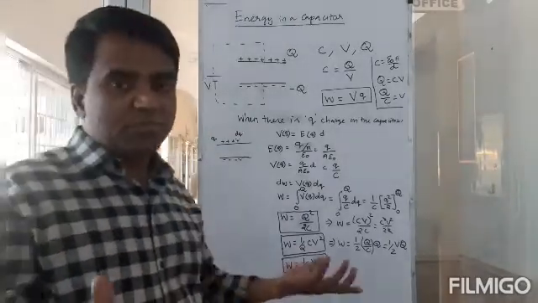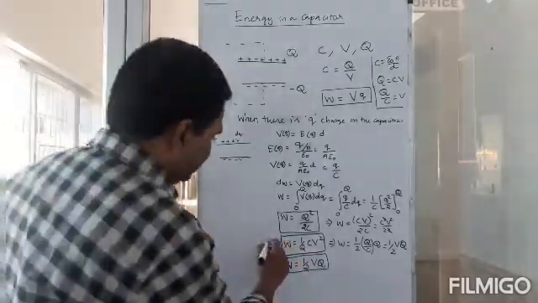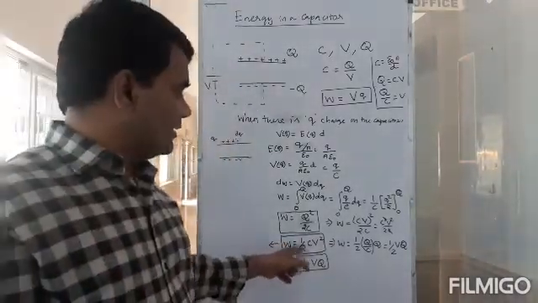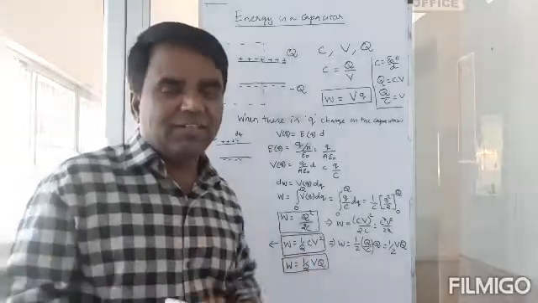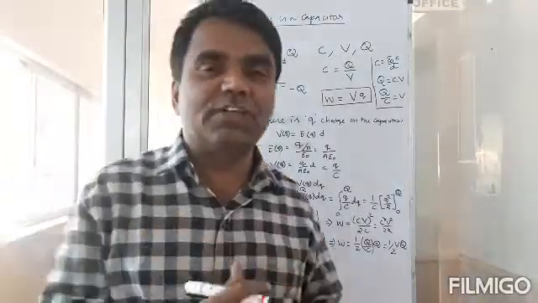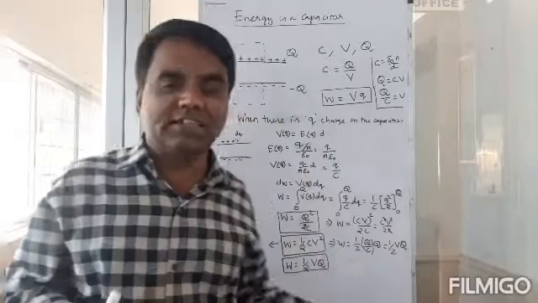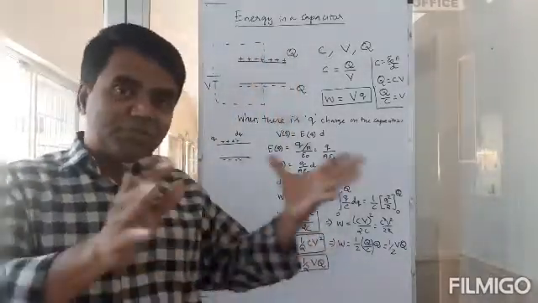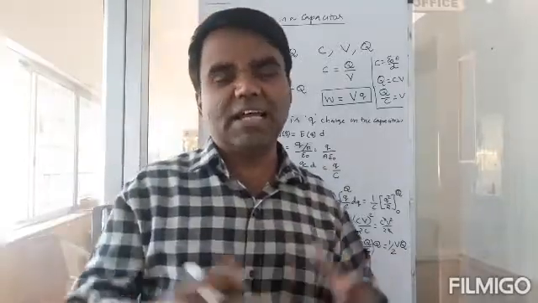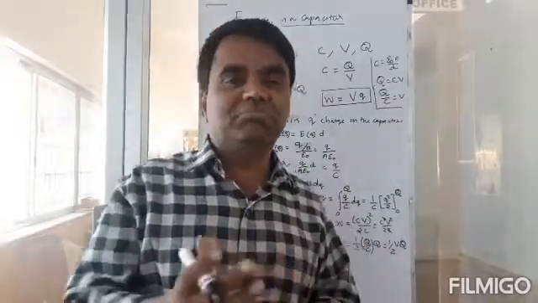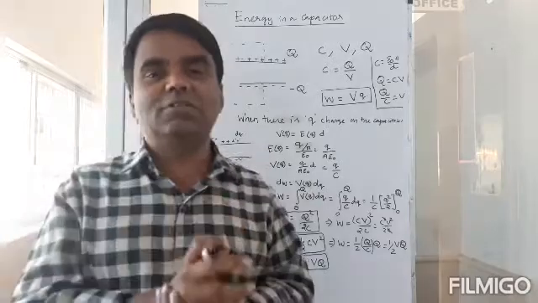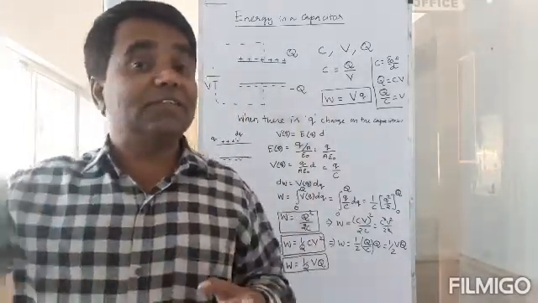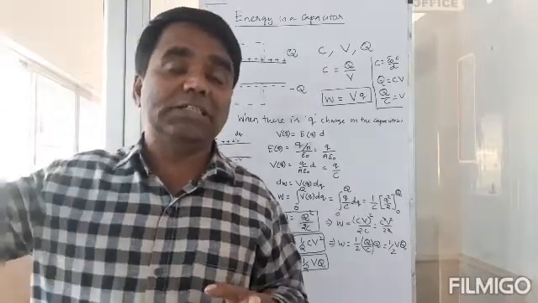Okay. The most important would be the second one. The reason being, work done is equal to half CV squared. It sounds like half mv squared, kinetic energy, right? Okay, it's not kinetic energy. This is again potential energy. But it rhymes with that. Half CV squared, half mv squared, pretty much they sound similar. So it's easier for you to remember. But there, in mechanics, the V means velocity.